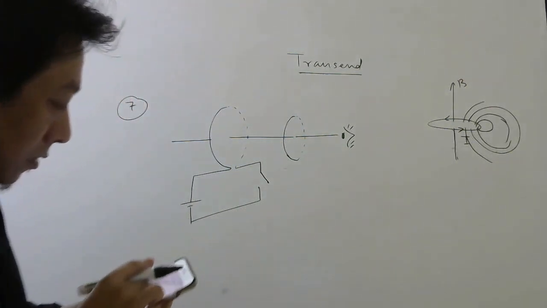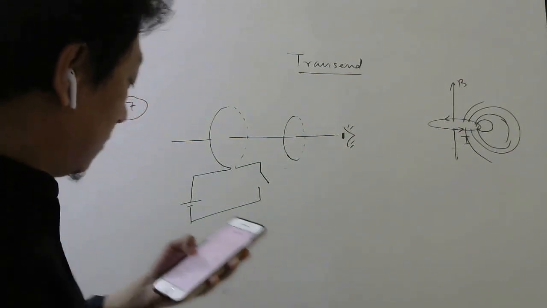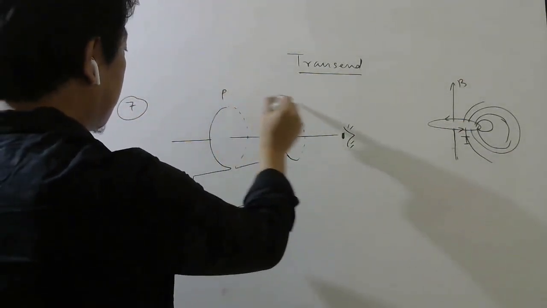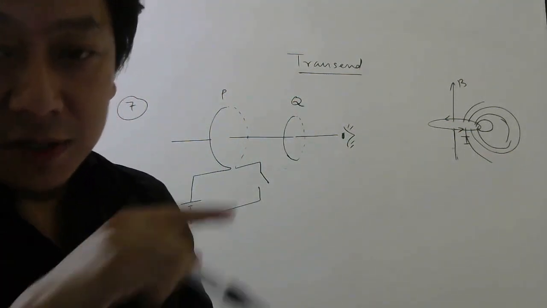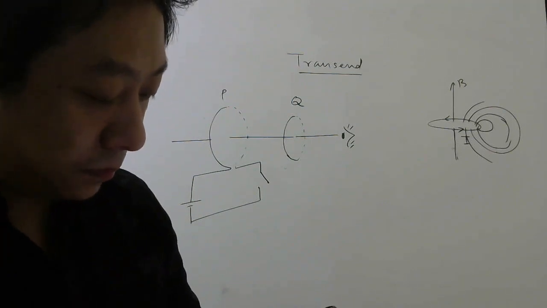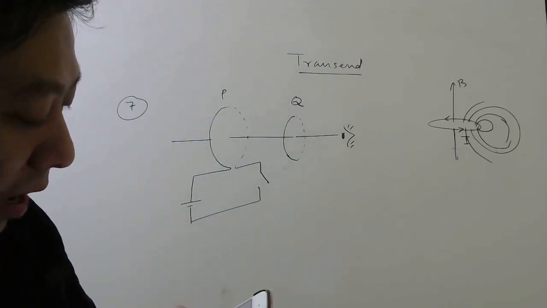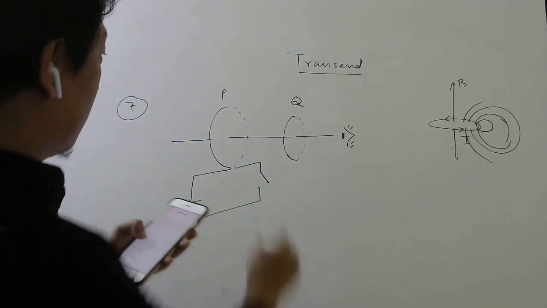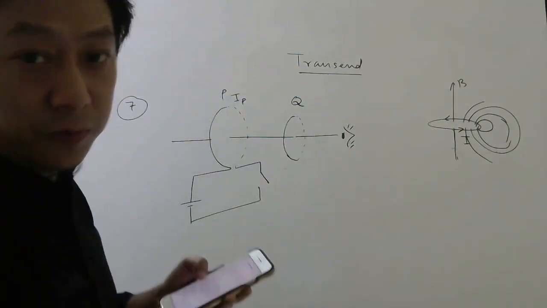Now listen carefully. As shown in the figure, P and Q are two coaxial conducting loops. Coaxial means they have the same axis. When the switch S is closed, a current IP flows in P. Of course, when the switch is closed, current IP will flow because the battery is there.